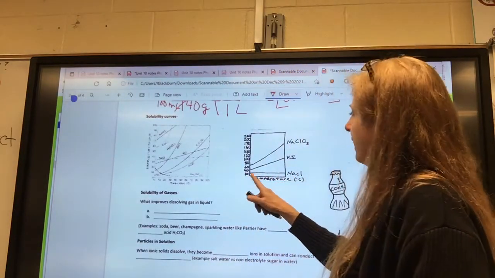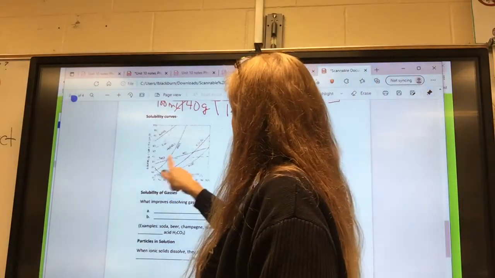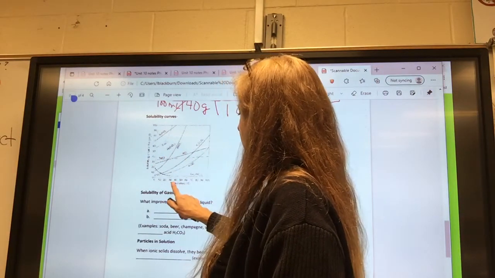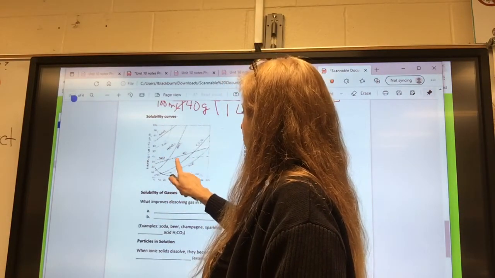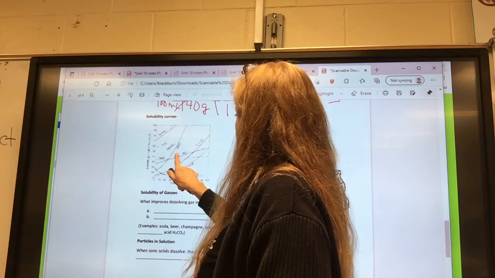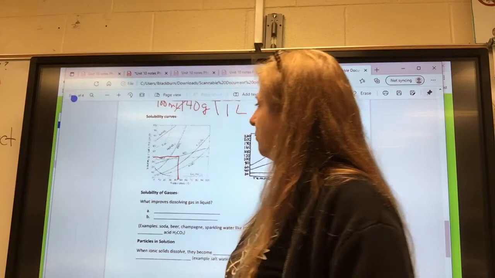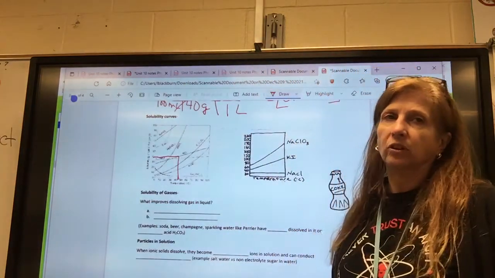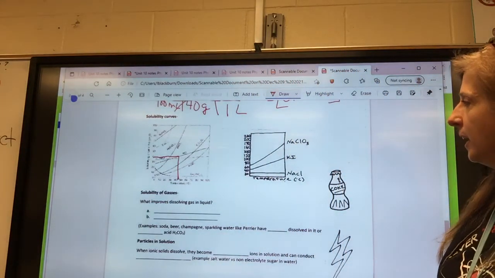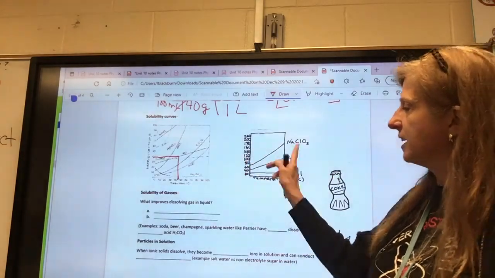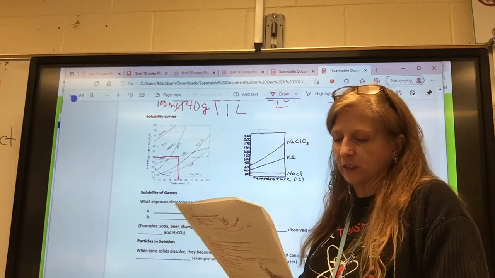So if I want to see how much potassium chloride dissolves at 40 degrees, I go straight up from 40, hit the line, then go over, and I can see that a little less than 40 grams would dissolve in the water. So that's how you use that chart, and you'll get practice with that.